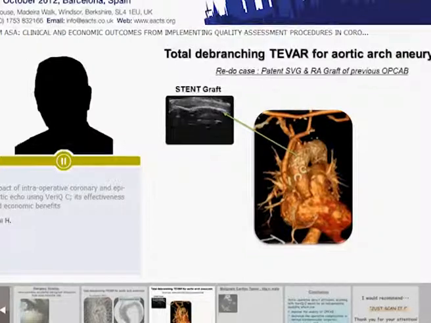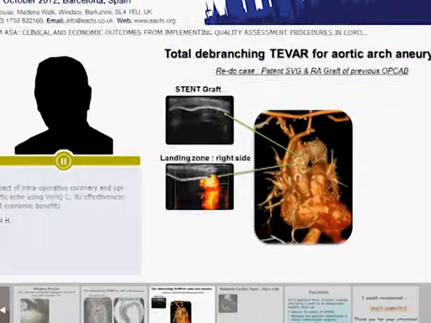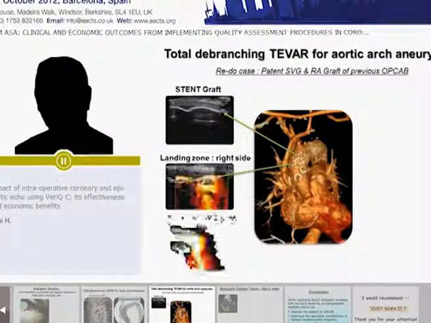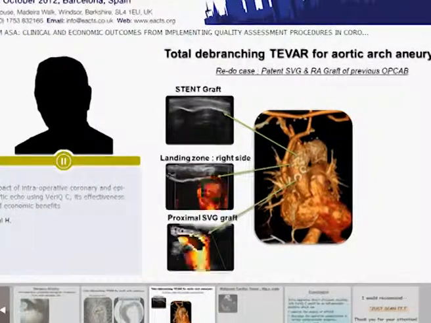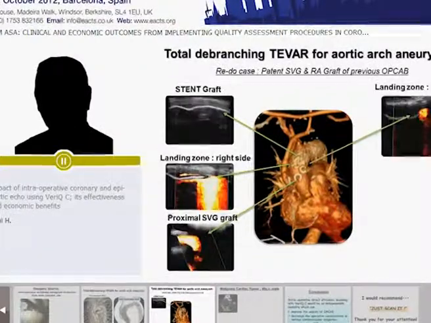And then I checked step by step. If I scan here, you can see the stent graft very clearly. For the landing zone on the major curvature side, a little bit of blood is coming around the graft, but it's okay. And I can confirm the proximal saphenous vein graft patency.